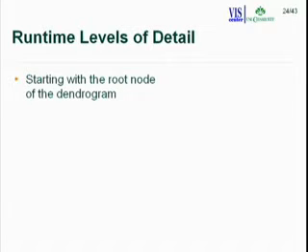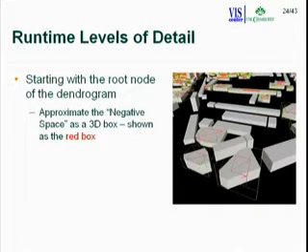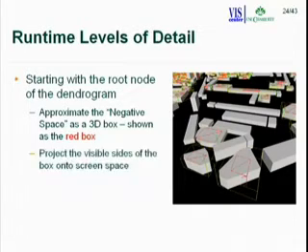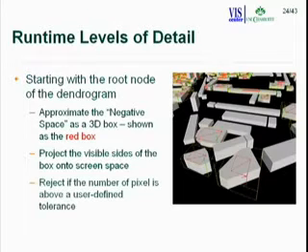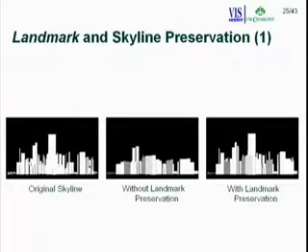We start with the root node of our dendrogram, in this case A, B, C, D, E, and F. Then we take the bounding space of that particular cluster mesh, shown here as an approximated 3D box in red, and we project that box onto screen space. If the number of pixels it occupies exceeds some user-defined tolerance, then we reject that node and recursively check its 2 children. That keeps going until you find the appropriate cut in the LOD tree.